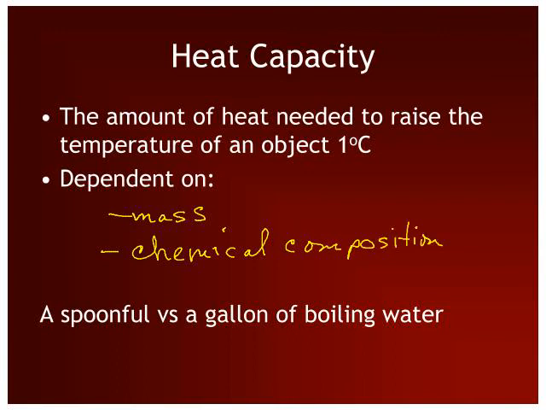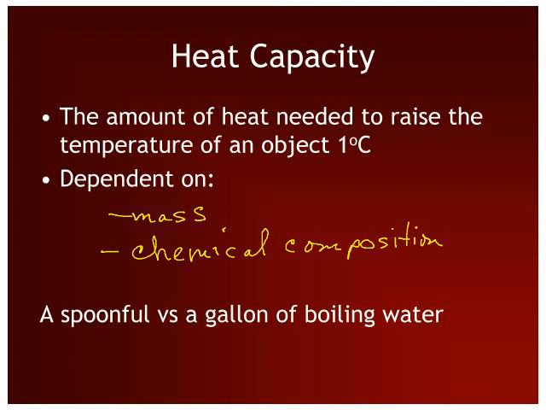Because the heat capacity of water is not going to be the same as the heat capacity of a piece of metal like gold. It also depends on how much you have. If you think about a spoonful versus a gallon of boiling water, which one would you rather have poured on you? A spoonful of boiling water or a gallon of boiling water?